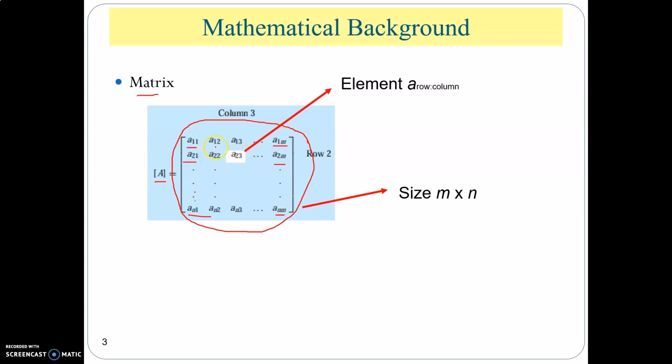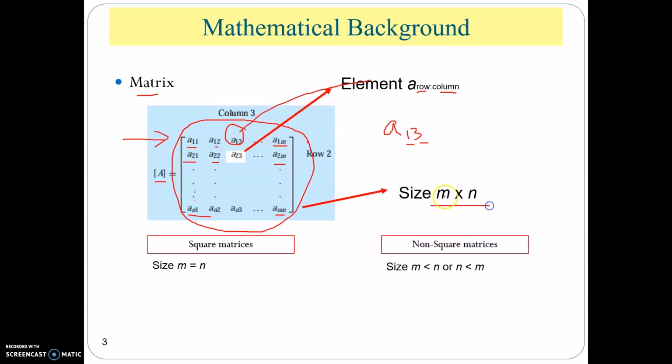You must write the element number here correctly. For example, if I write A13, it indicates the former number to be the first row, and the later number, the column, is 3. So which means the first row at the third column. So this is the element that you should write.